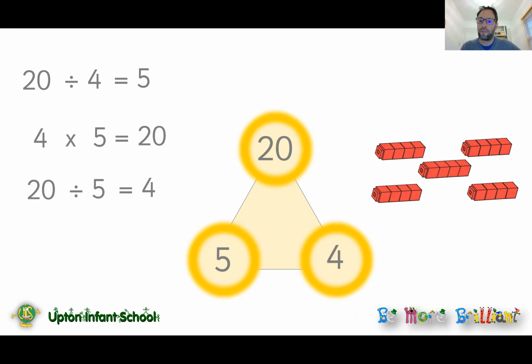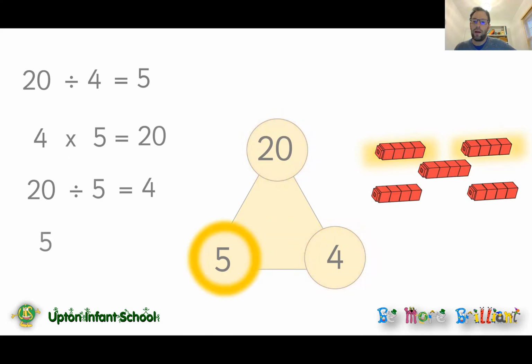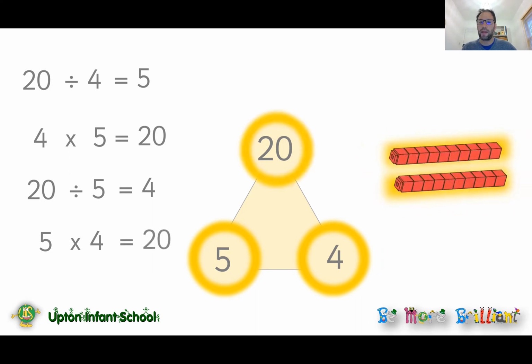And we could think of those 5 groups in a different way. 1, 2, 3, 4, 5 groups, each with 1, 2, 3, 4 cubes. So we've got 5 lots of 4. All together makes 20 cubes. So we have got 4 number sentences there, 2 division and 2 multiplication ones, all using the numbers 20, 5, and 4. And they are what we might call a fact family.